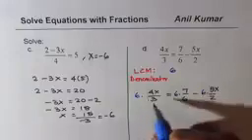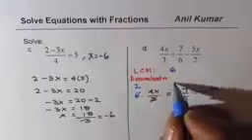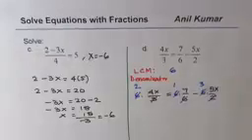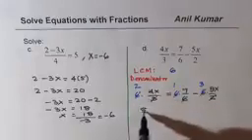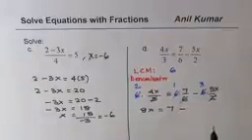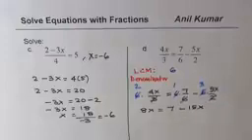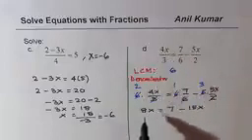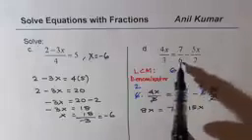So here, 3 goes 2 times, 6 goes 1 time, and 2 goes 3 times. So basically, you get a linear equation without fractions. 4 times 2 is 8, so I can write this as 8x equals 7 minus 3 times 5, 15x. So 4 gets multiplied by 2, we get 8x, 7 remains as such, and 5 gets multiplied by 3.